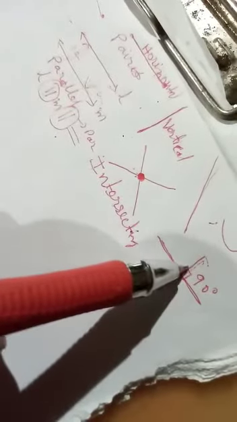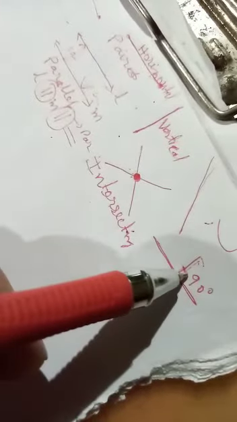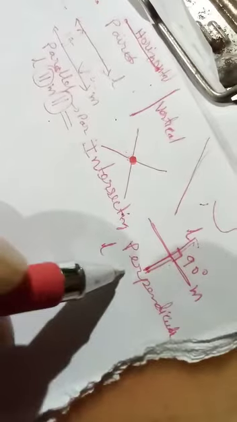Then if you have another line which looks like plus or like a cross, the angle between them is 90 degrees if you measure. Such kind of lines we call perpendicular lines. What kind of lines do we call them? Perpendicular lines. Then suppose I name this line as L, this one as M, we will write with this symbol.